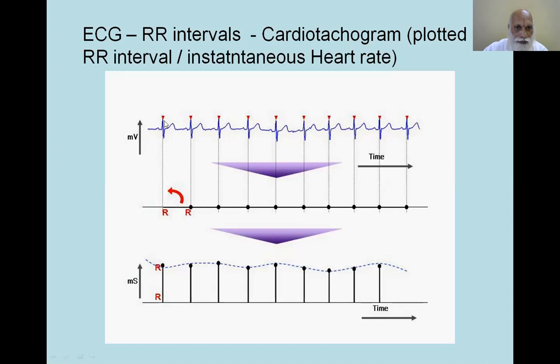So the cardiac cycle belonging to this particular ECG wave and the RR interval correspond. So this RR interval corresponds to this QRS complex, and this will correspond to this QRS complex. Now, you can see the heights of the RR intervals, or the length of the RR intervals, are varying.